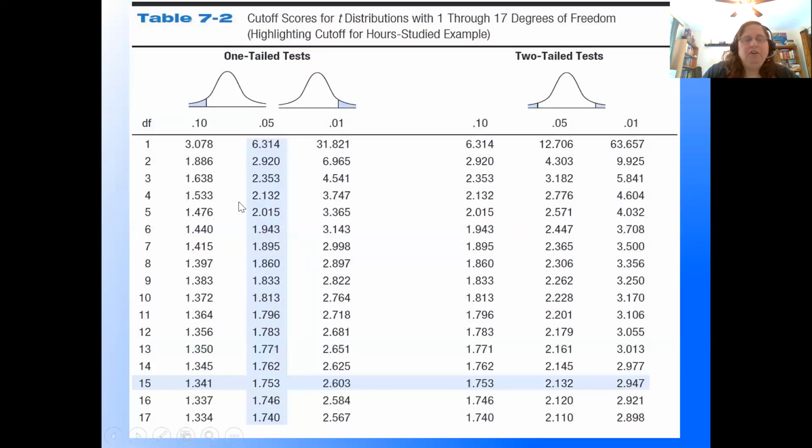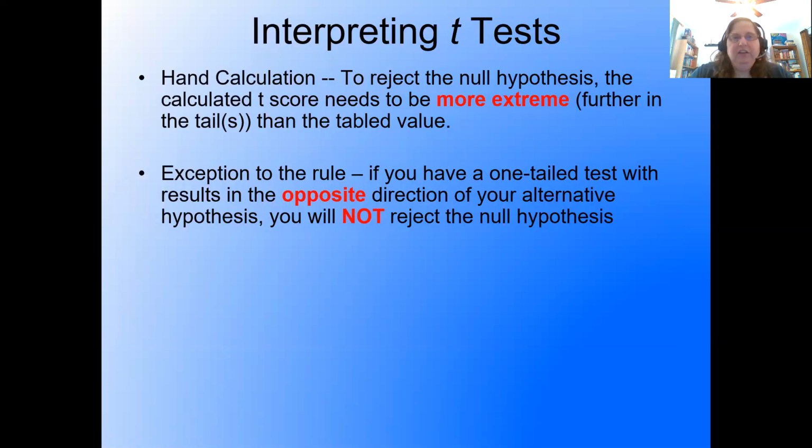So the direction you claim has to match your results, just like we've been talking about. And I keep emphasizing it because it is that important, and because we are going to have this rule throughout the rest of the course. So it's a good one to try to get a handle on.